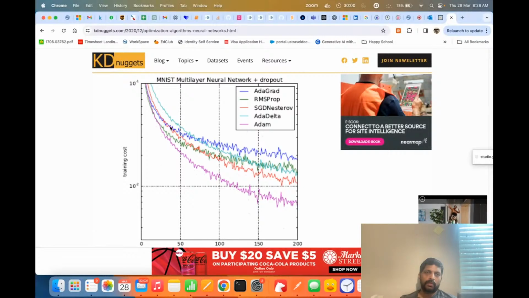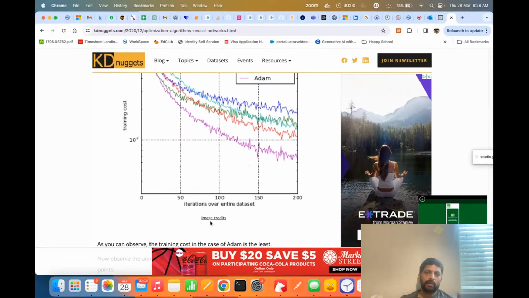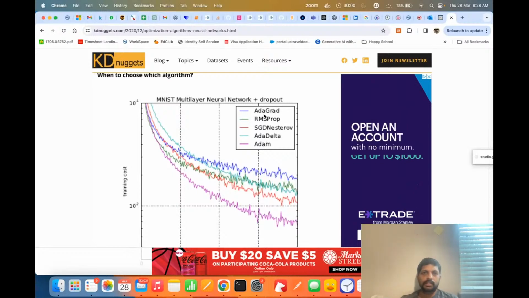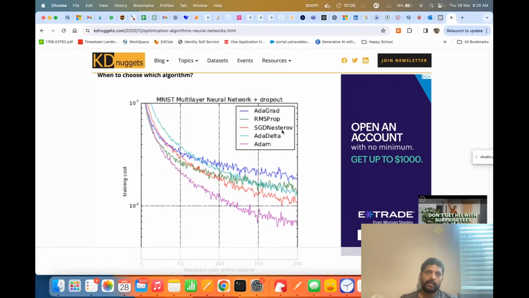If you go by the number of iterations, the training cost is highest for Adagrad. It's going higher here as the number of iterations for Adagrad is higher.